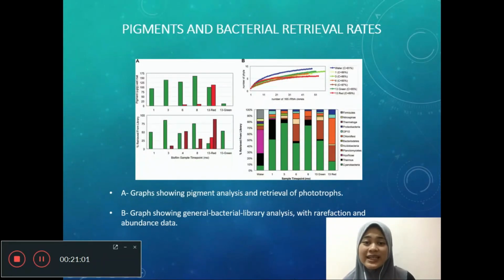So, here is the extra info regarding the diversity of marine phototrophs. The color plate shows graphs of pigment and bacteria rates. Graph A shows the pigment analysis and retrieval of phototrophs, and graph B shows the general bacteria library analysis with refraction and abundance data.